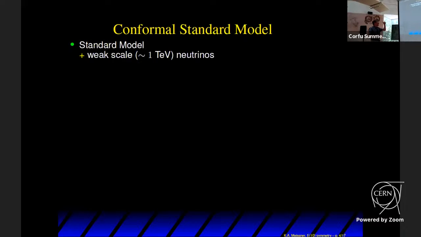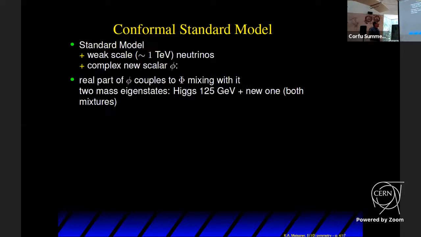So the model has only weak scale neutrinos, these mostly right chiral neutrinos, and a complex new scalar phi. The real part of phi couples to the Higgs through the mixing. So the 125 GeV particle measured at the LHC in this model is a mixture of mostly doublet and a little bit of this new field.